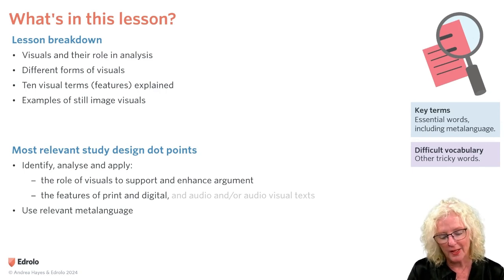The most relevant study design points include: identify, analyse and apply the role of visuals to support and enhance argument, the features of print and digital, and using always relevant meta-language.